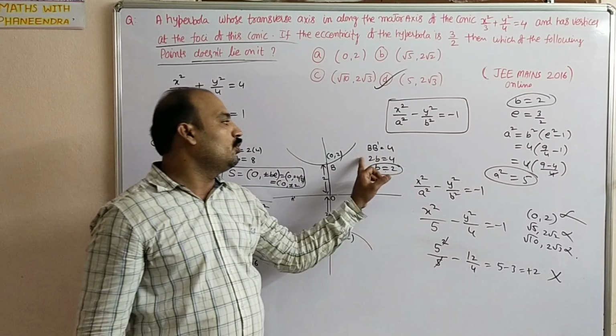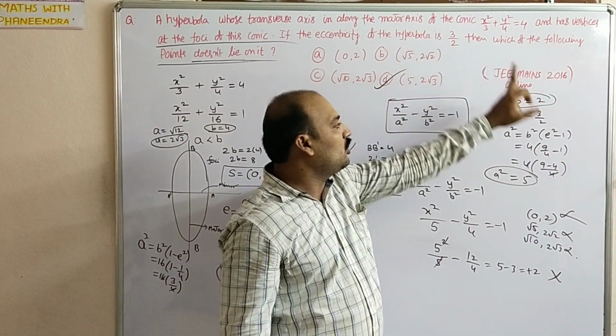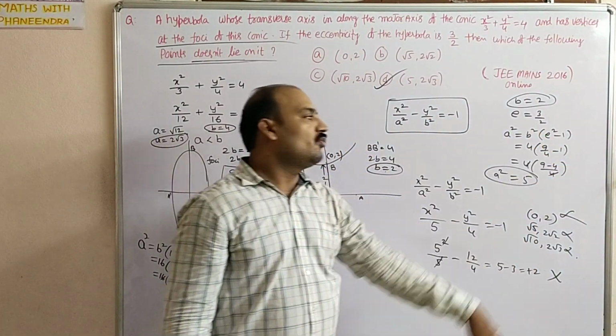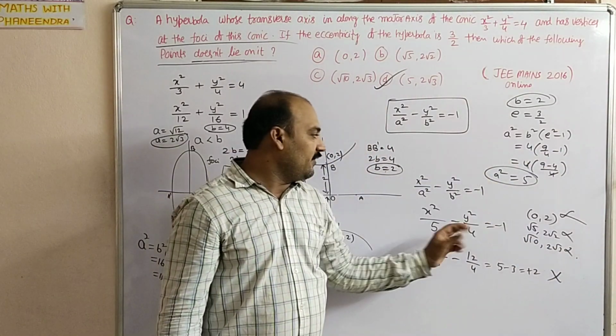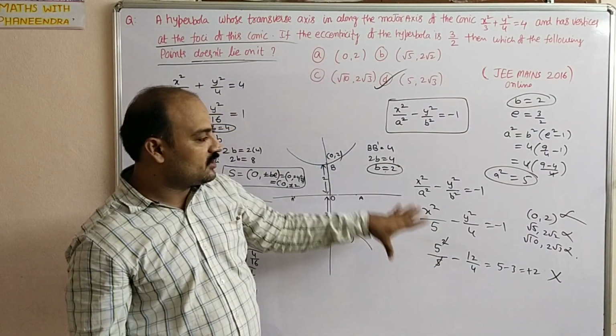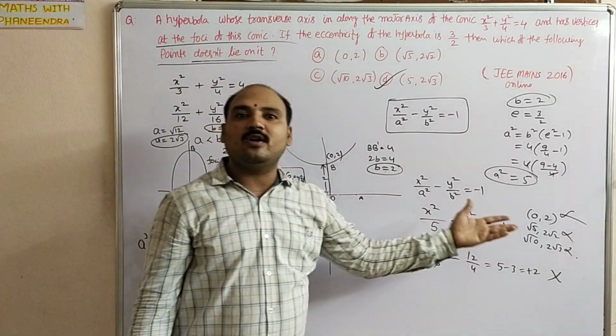So b dash equal to 2, b equal to 4. We know the b value, and the eccentricity of the hyperbola we also know. So the formula is a square equal to b square into e square minus 1, that is 4 into 9 by 4 minus 1. This is the way you have to do it. After getting the required equation of the hyperbola, you can substitute the points one by one. Whichever point is not satisfying, that is the required answer.